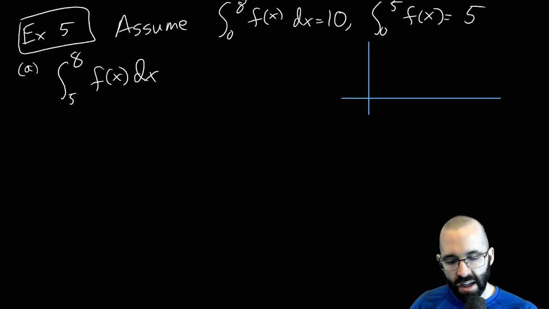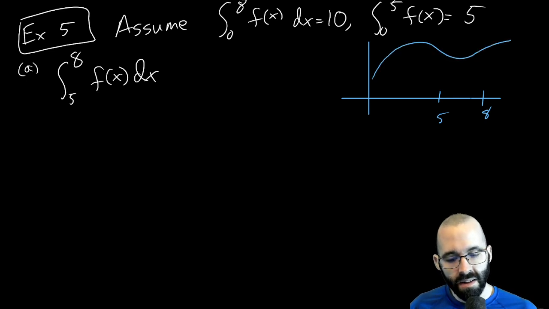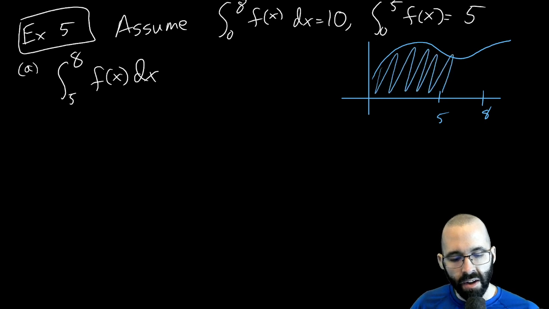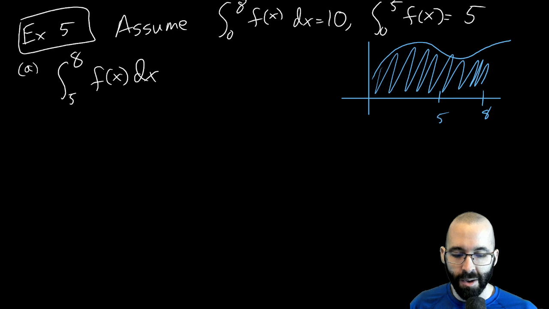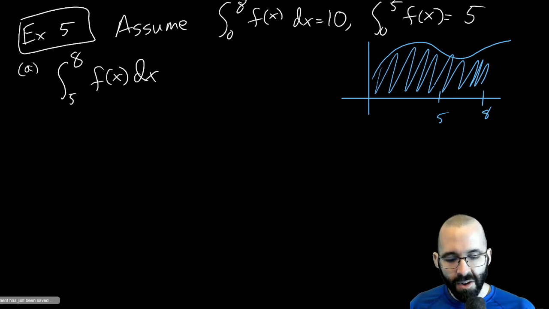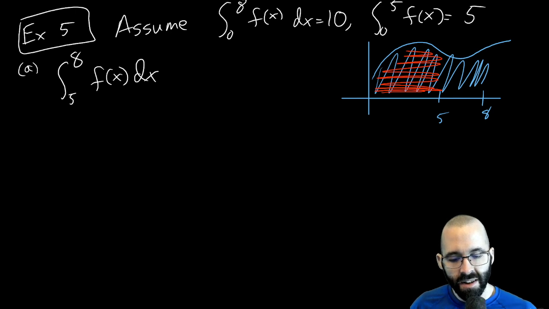All right, we're looking at the interval from 0 to 8, and there's something happening at 5. Who knows what this function looks like? But I know that this total area is 10. And I know this area from 0 to 5 is 5.